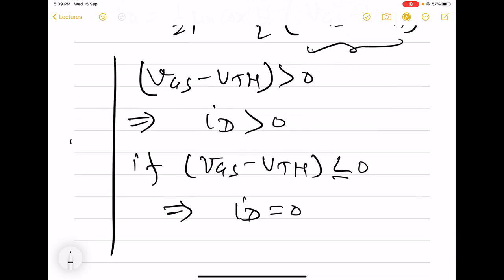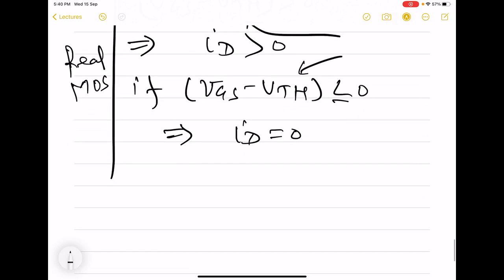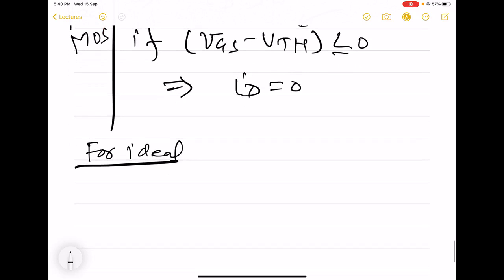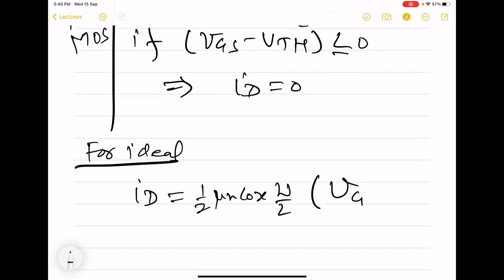So this is for the real MOS. And we are talking about real MOS because we have this threshold voltage. Otherwise, for ideal, and this is the MOS that we will consider, the equation will be something like this: 1 by 2 mu n COX W by L, simply VGS, total gate to source voltage.